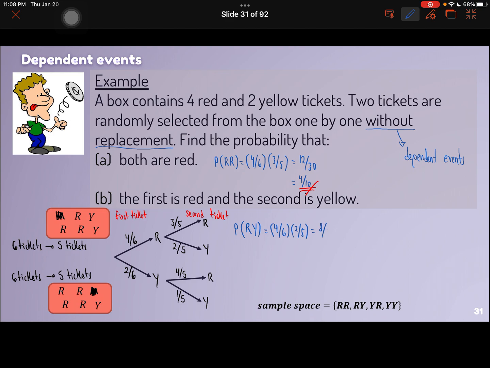This is 8 out of 30, and that is 4 out of 15. Okay, so here we have the probability that the first one was red and the second is yellow. And that's all for this example.